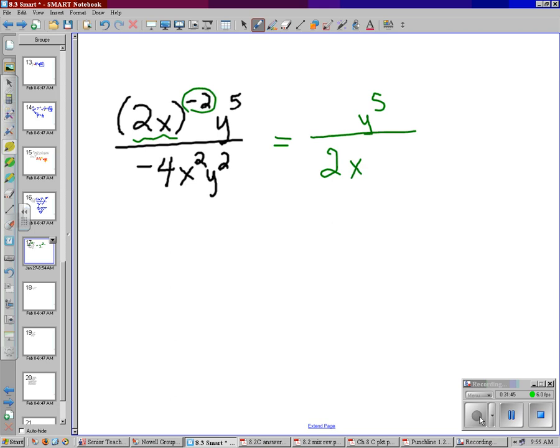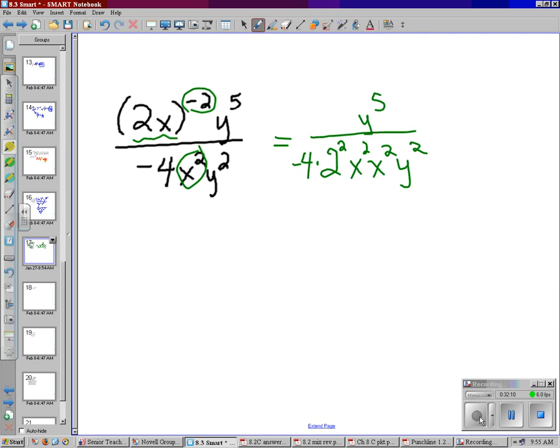And each one gets a +2, doesn't it? So let's go +2, +2. This -4 sitting here stays down there. That's -4 times that 2 squared times that x squared that we have. This x squared is still down there, and this y squared is still down there. Can you see that happening?